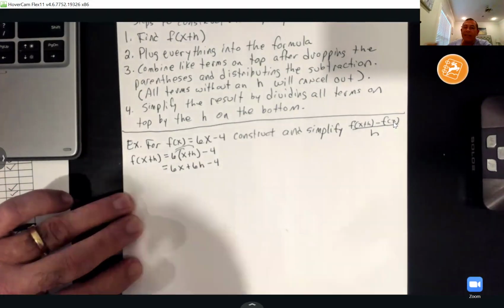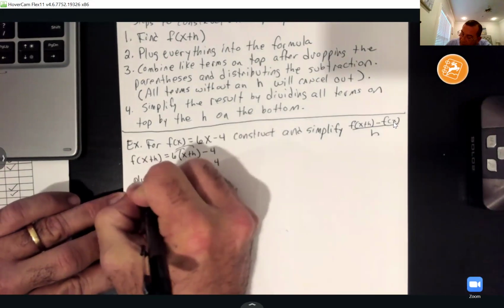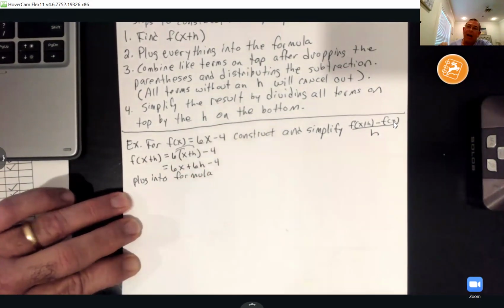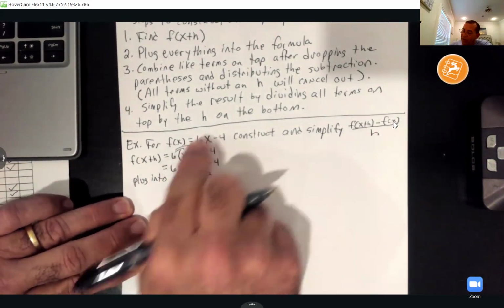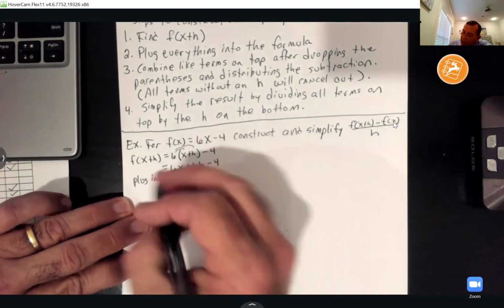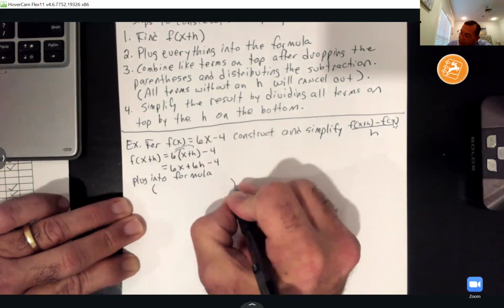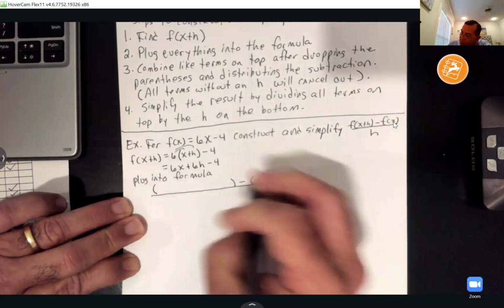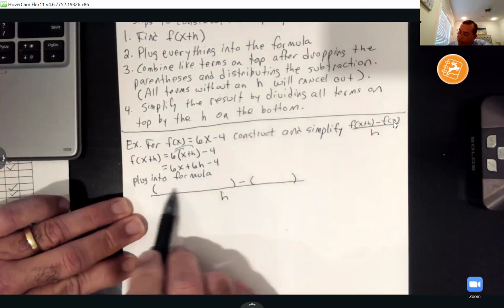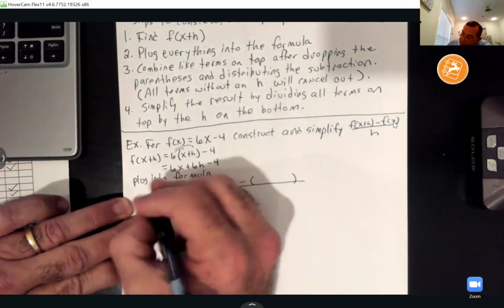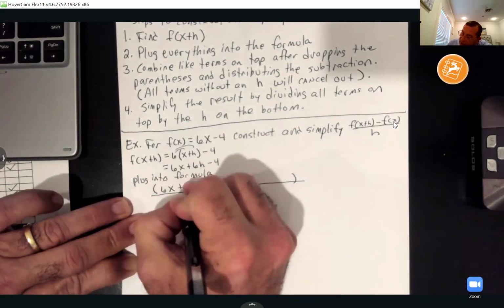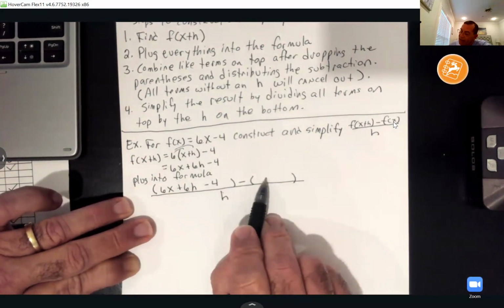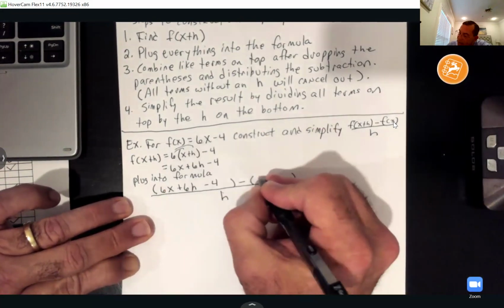Now I'm going to plug these into the formula. I always start out with parentheses because you're dealing with different polynomials here. So f of x plus h minus my f of x will be all over h. Let's plug in f of x plus h, which is 6x plus 6h minus 4. F of x goes here, which is the 6x minus 4.